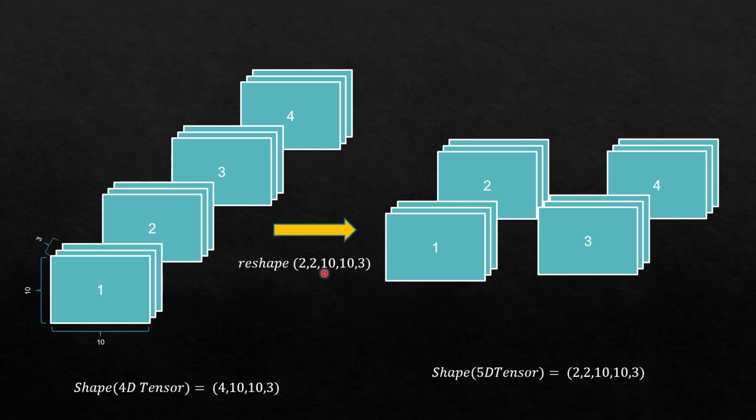If you see it here, this 2 means we have 2 rows, correct? And this 2 means we have 2 images in each row, right? Now when we talk about a particular image, we have 3 layers, for red, green and blue, and each layer is 10 by 10 in size.